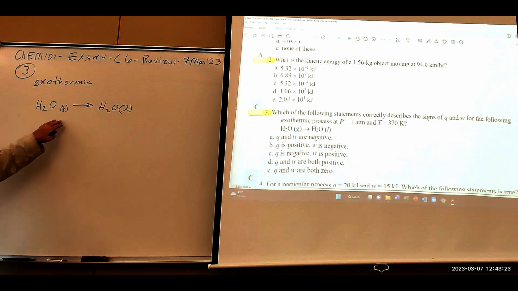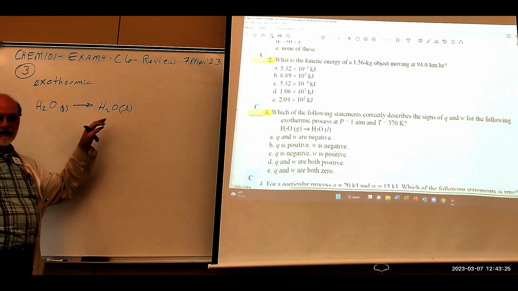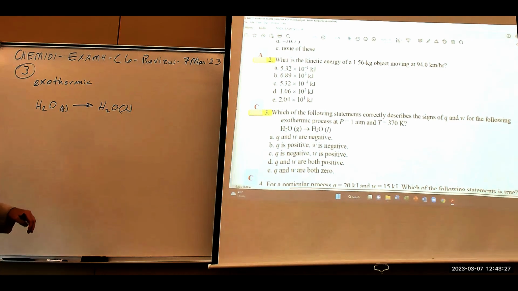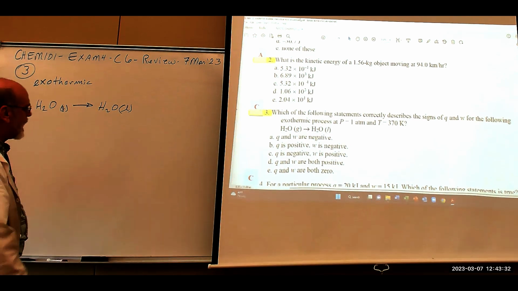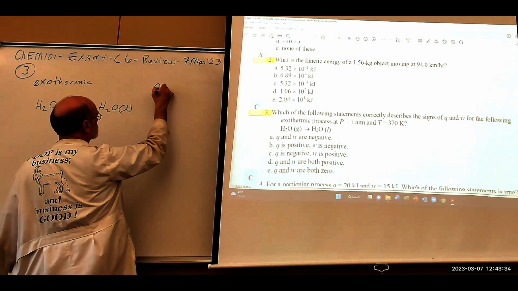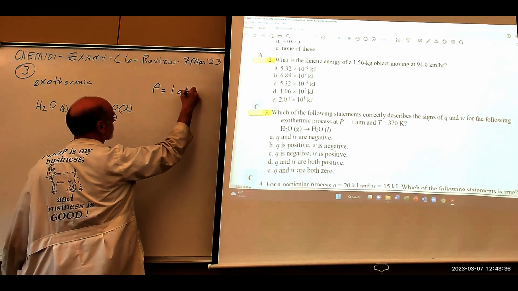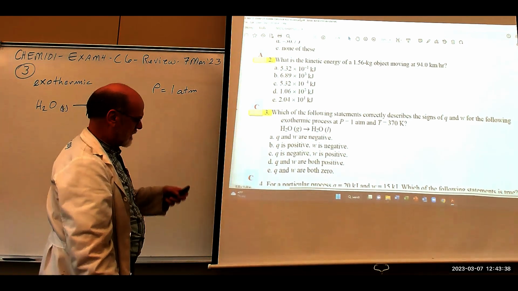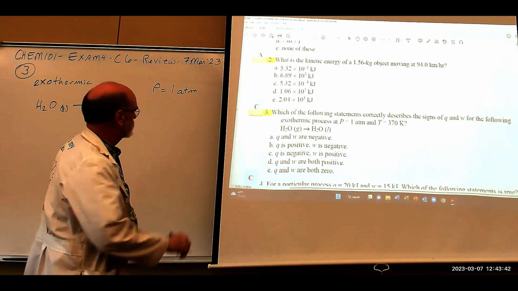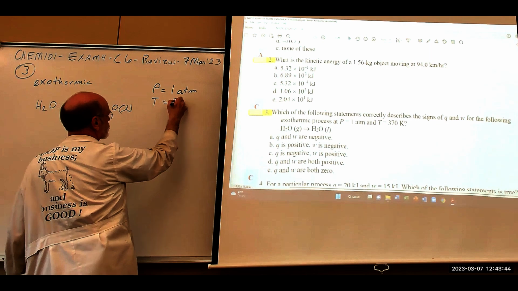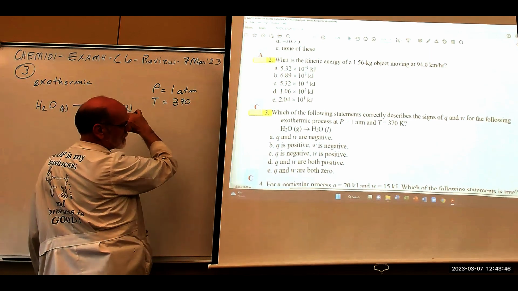You have to release energy from the gas to make it liquid. What else are we given? 1 atmosphere. That should be an equals sign. Temperature equals 370 K.